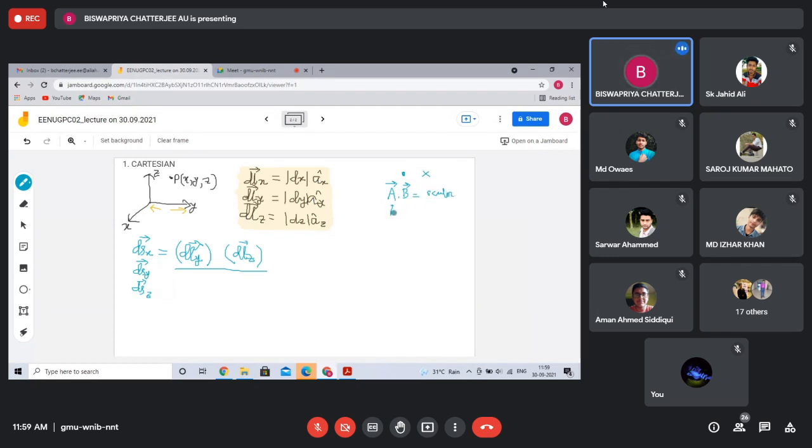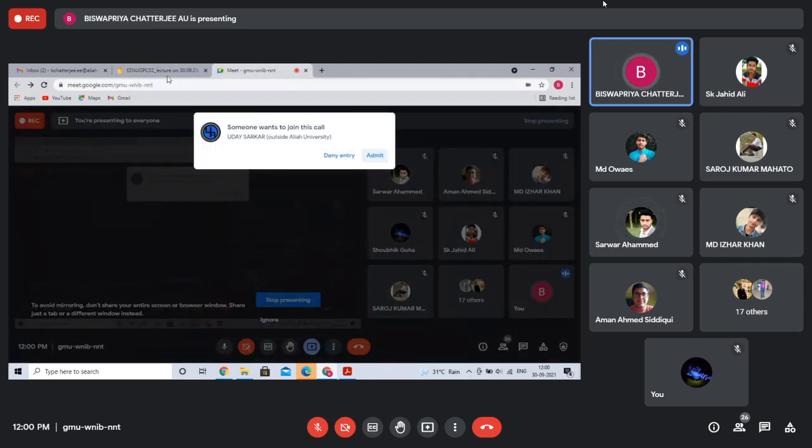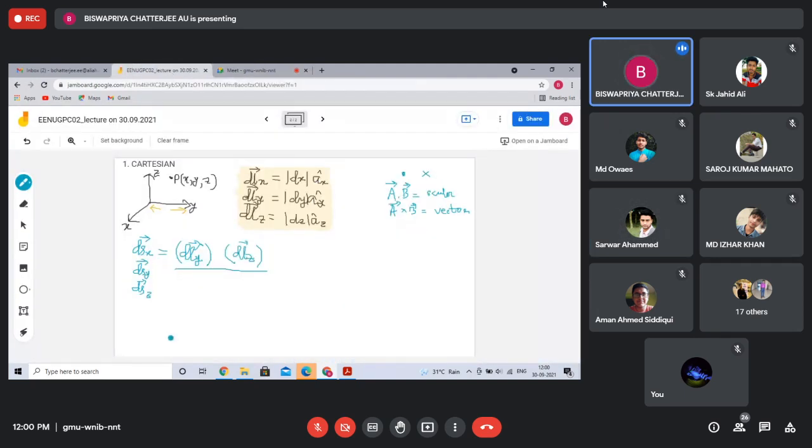However, if you do a cross product, the result of the cross product will always be a vector. Now what is the resultant here? The resultant here is dsx itself, and it is a vector, so it must be a cross product.